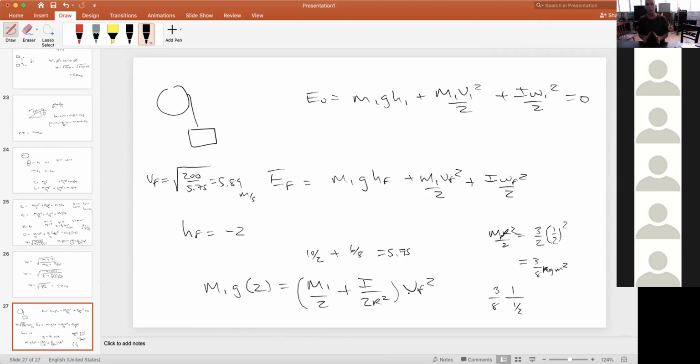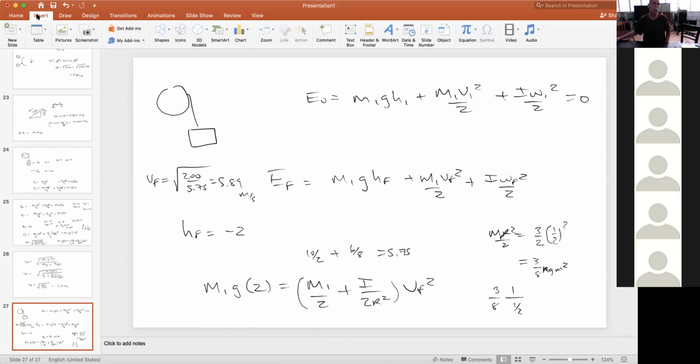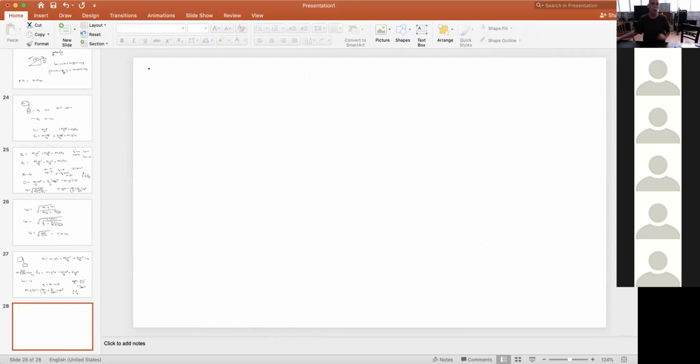So you have two choices. Let's put this all together. You can do these torque problems with a free body diagram and a torque diagram, and then you'll need to write the Newton's equations, which means MA is equal to the sum of forces and I alpha is the sum of torques.